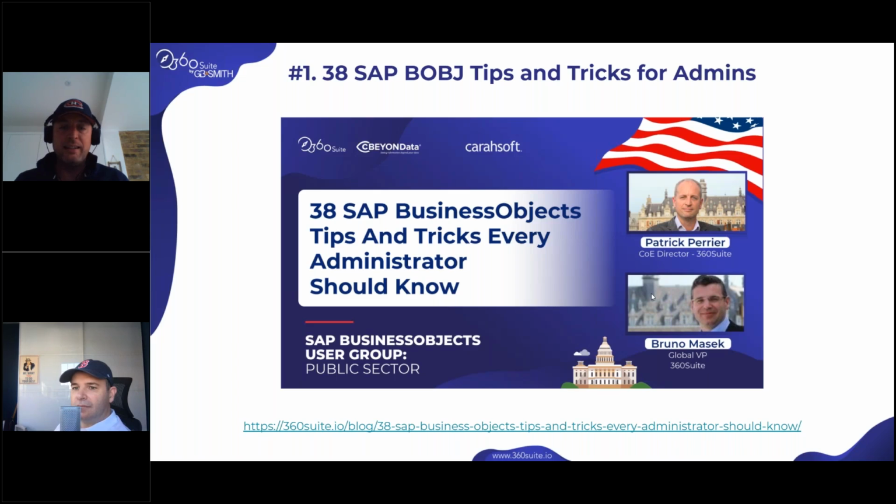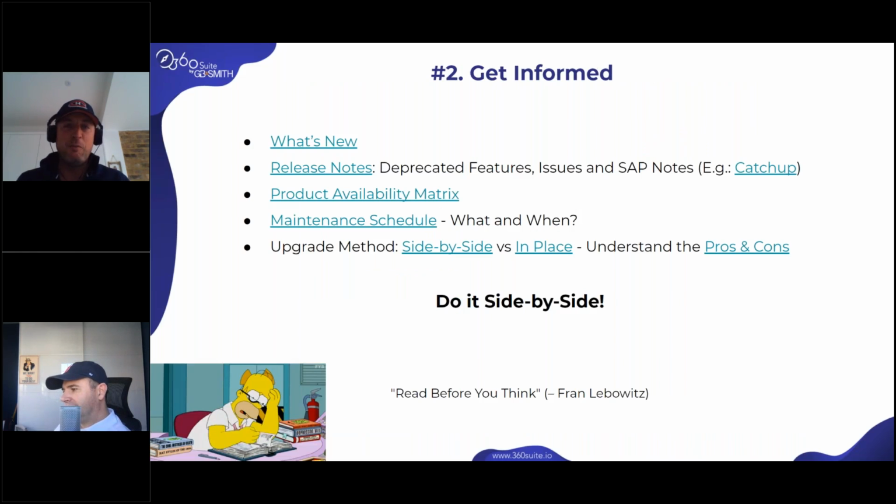So you see the link at the end of this slide. This presentation and these slides are shared with you at the end of this session. Like Bruno said, it will take a day or so. Don't have to take all of these notes here. But yes, tip number 1, I give you 38 tips. So here we go. Moving on. Oh, yes, I went a bit crazy with these animated GIFs for this presentation.